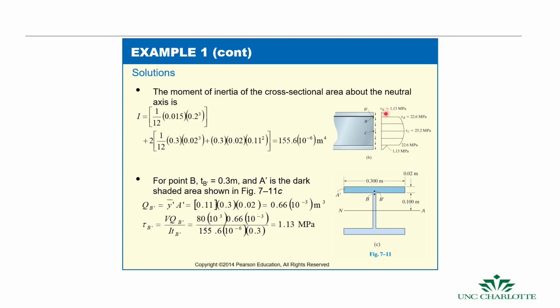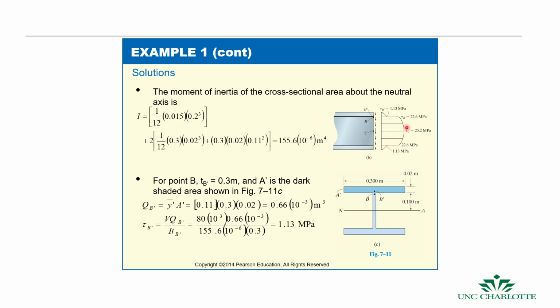So it's interesting, if we calculate it at this point B prime, the shear stress at B prime is 1.13 megapascals. If we drop down here to this part, the shear stress actually jumps up because the shear is distributed across a much smaller area. Okay, and so you can see how that distribution of shear stress jumps.